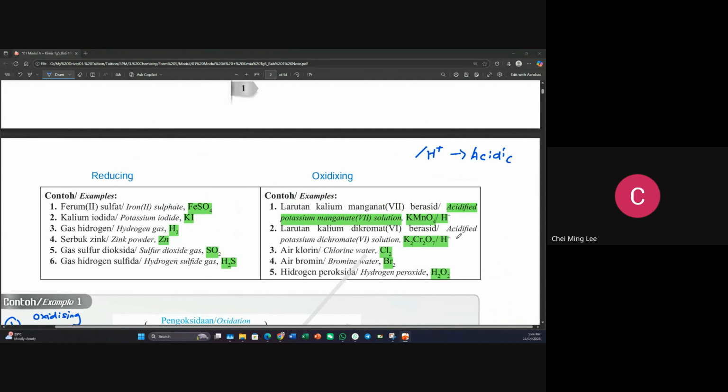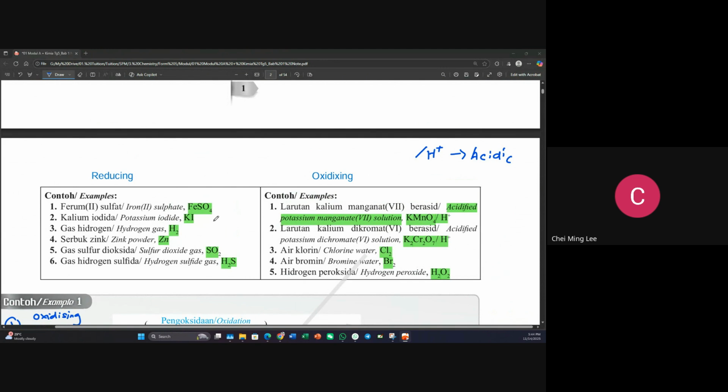Why do they acidify it? Because by acidifying it, it will provide the hydrogen ion. And then we have chlorine water, bromine water, and hydrogen peroxide. So you can see reducing agents are normally highly positive or electropositive elements, like potassium, hydrogen, zinc, which tend to become positive charge.